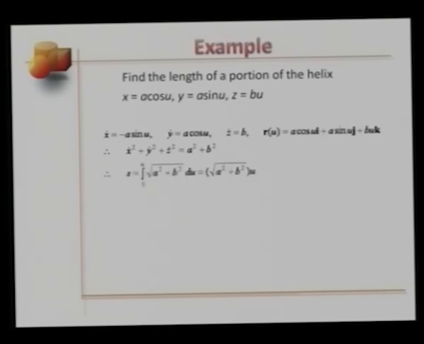We have seen before how to compute the arc length. s equals, here we have taken u sub 0 as 0, integration from 0 to u under root of x dot squared plus y dot squared plus z dot squared, which is under root of a squared plus b squared times du, and clearly this integration turns out to be a squared plus b squared within the radical sign times u.